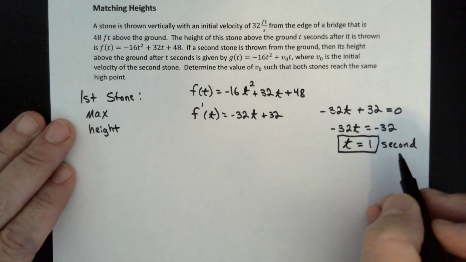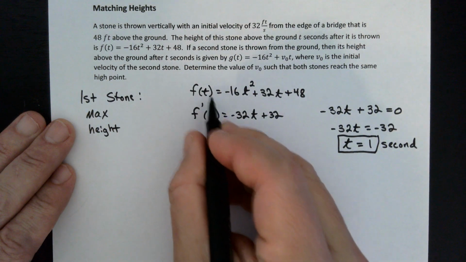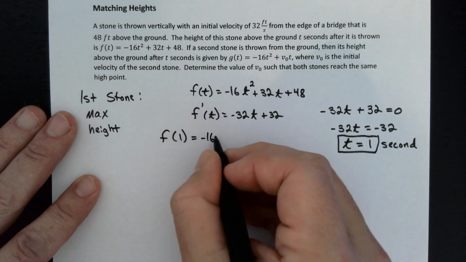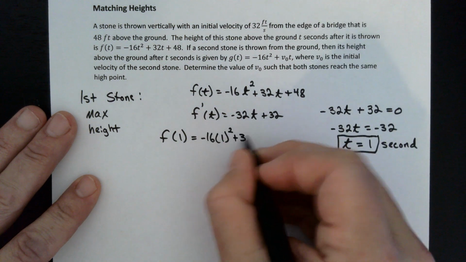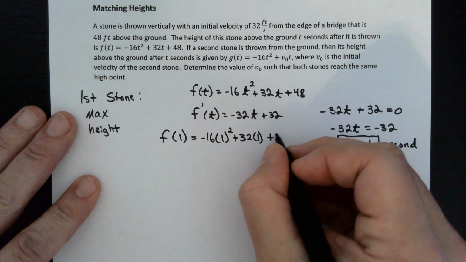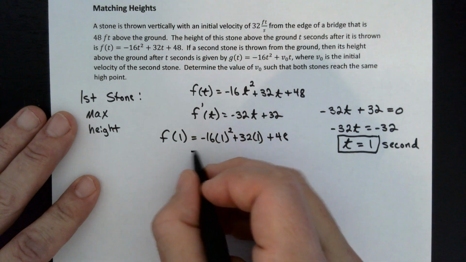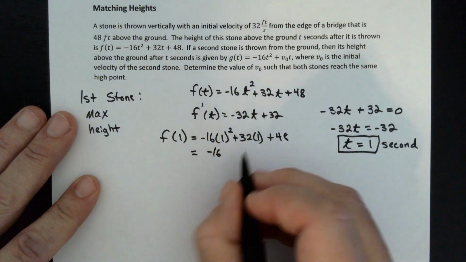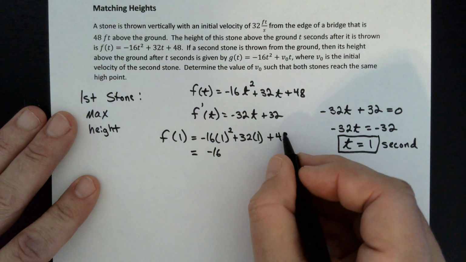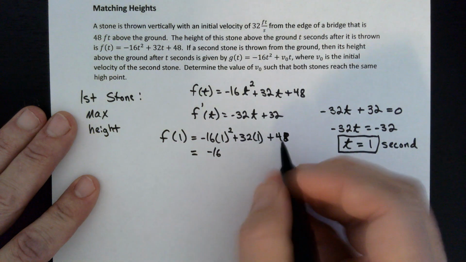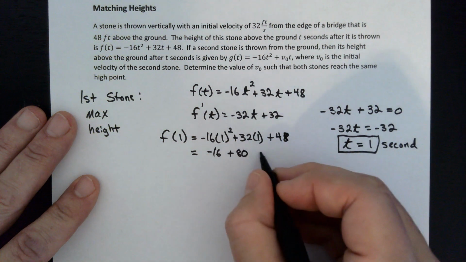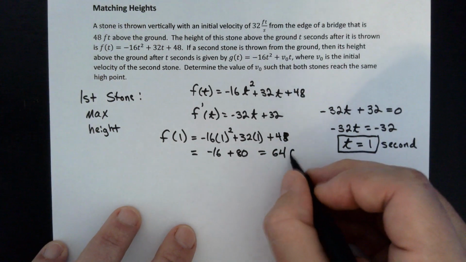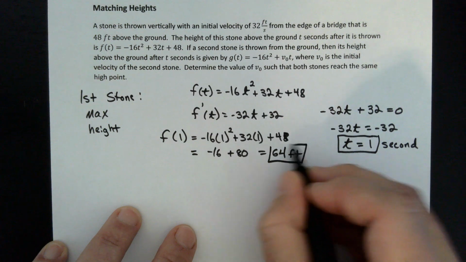We plug that into the original function: f of 1 equals negative 16 times 1 squared plus 32 times 1 plus 48. That's negative 16 plus 32 plus 48, which makes 64. So the maximum height of the first stone is 64 feet.